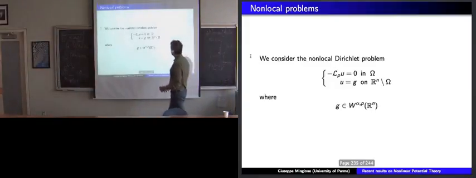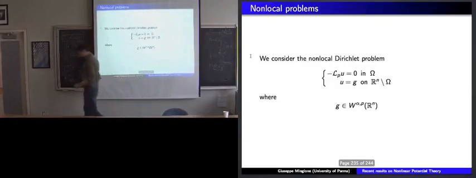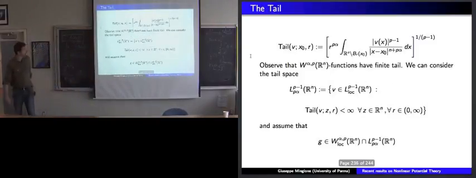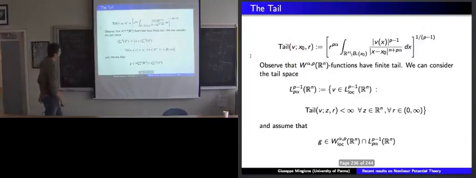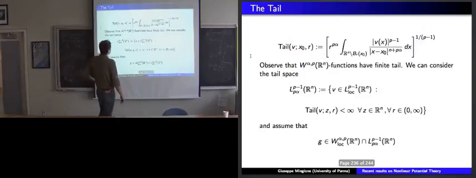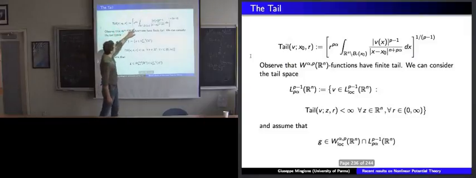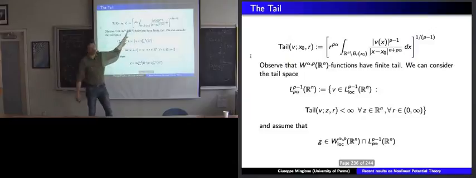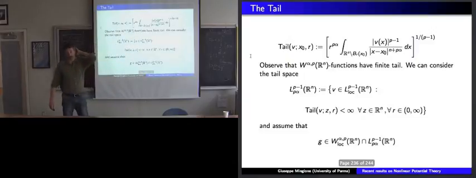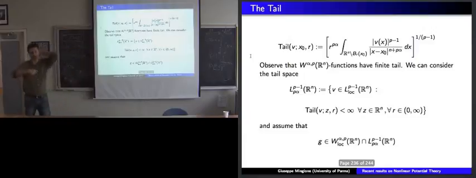Anyway, we will consider solutions of this type. And let me briefly give you a definition. We consider the tail of a function as this quantity that you already saw appearing in the previous slide. Essentially, this is a sort of non-local potential that takes into account the long-term interactions of these things.